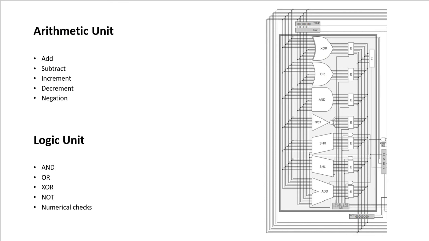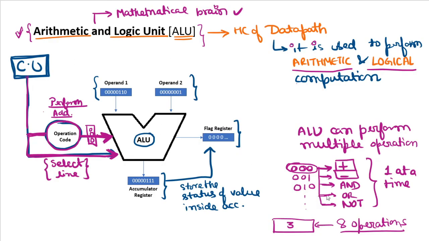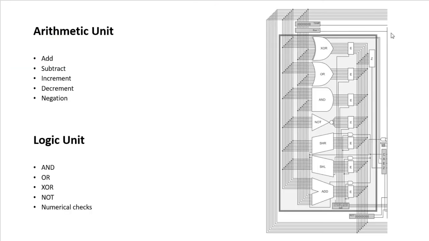The ALU is basically a digital circuit that contains the logic for many operations. These operations are classified into two types: arithmetic operations and logic operations.